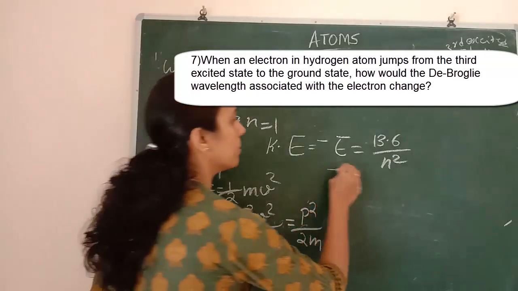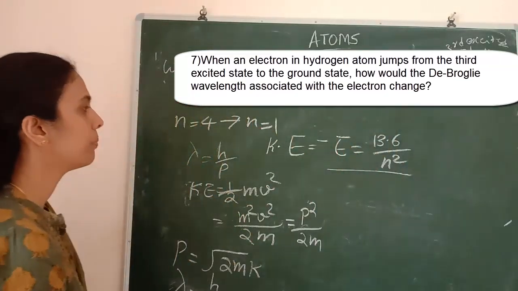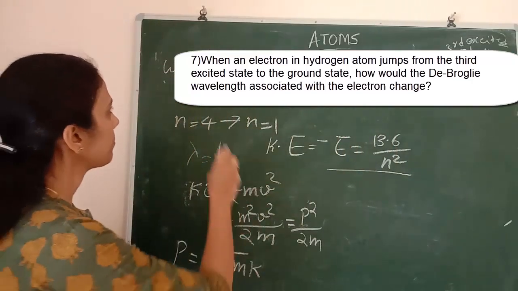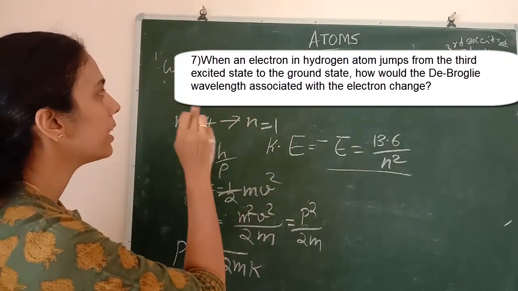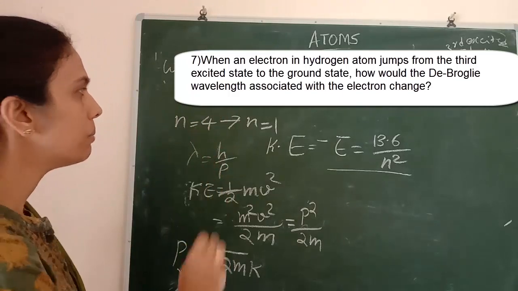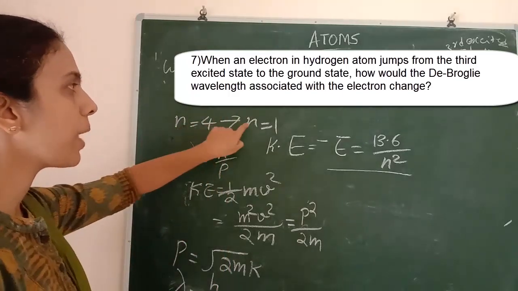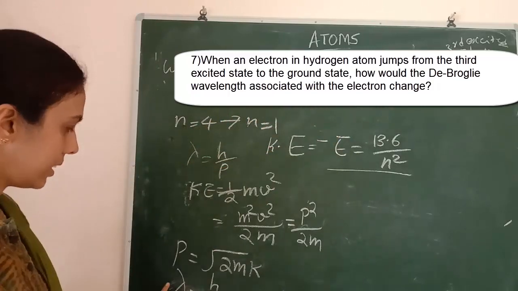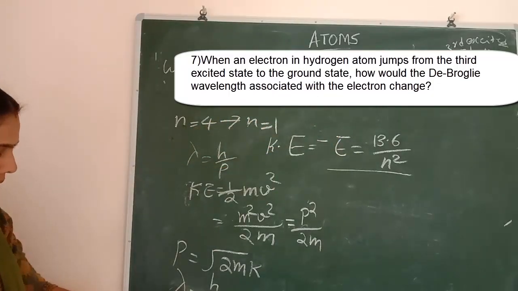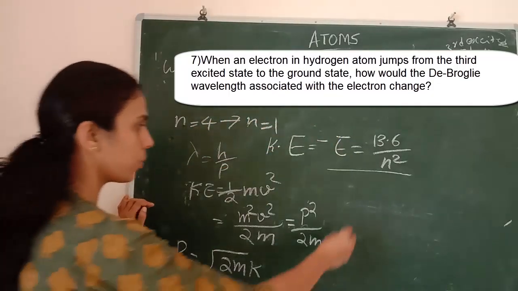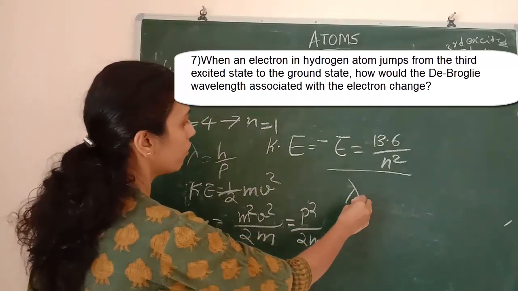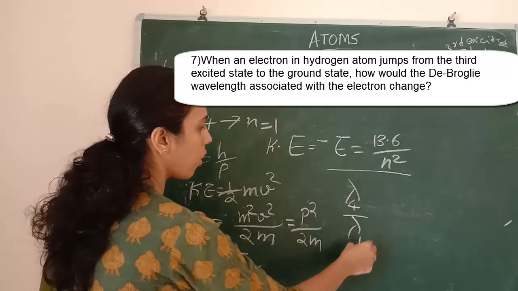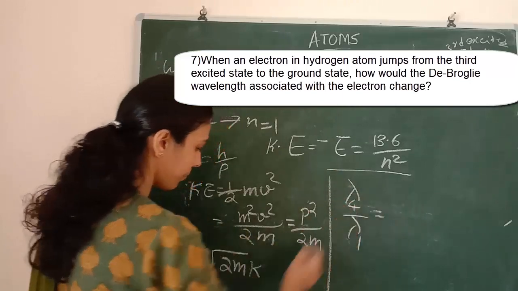Now we come to the equation. When an electron in a hydrogen atom jumps from n is equal to 4 to n is equal to 1, how would the de Broglie wavelength change? We got an equation for lambda, so we should find lambda 4 by lambda 1.